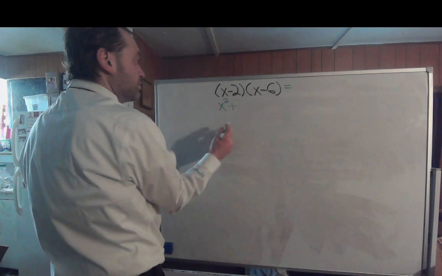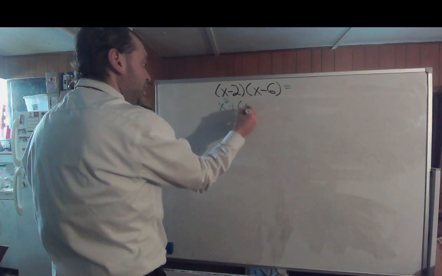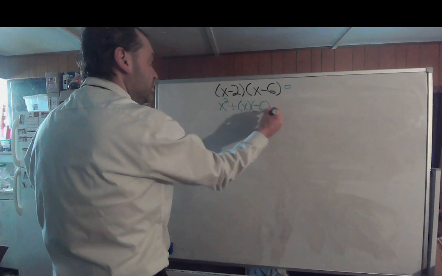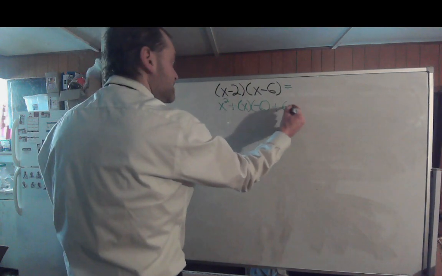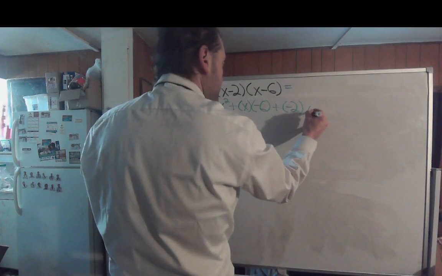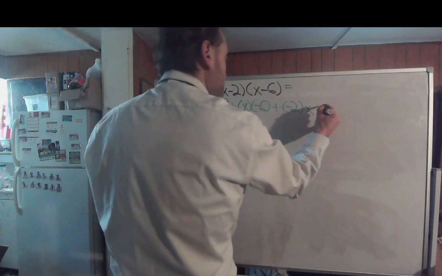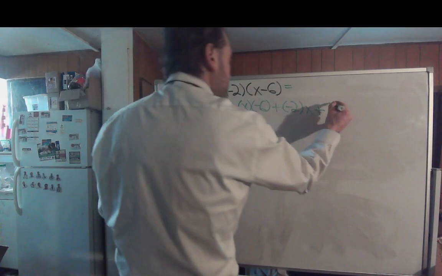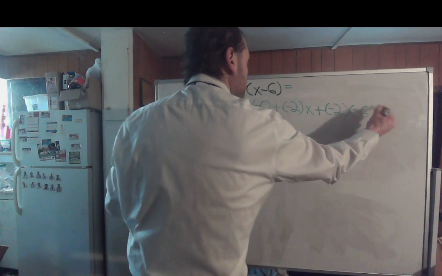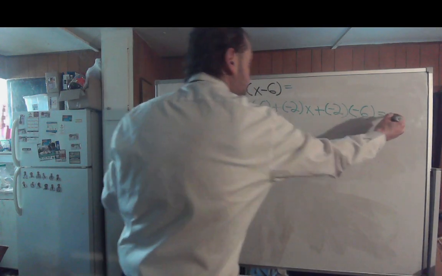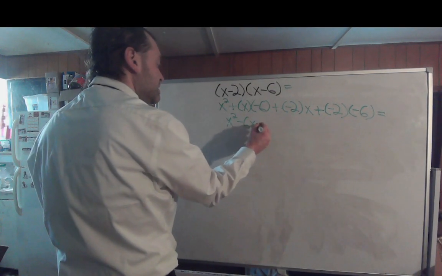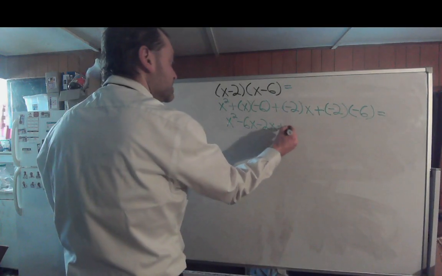Plus you'll take your first term, which would be your x, times your negative 6, so first outer, plus then you'll take your negative 2 times your x in the other quantity, so that would be your inner, plus you'll take your negative 2 times your negative 6, which would be the last, which all this is going to simplify into x squared minus 6x minus 2x plus 12.